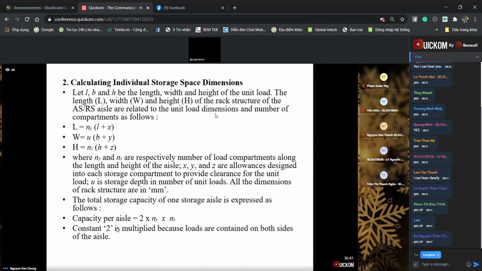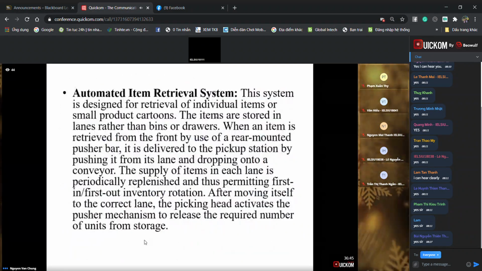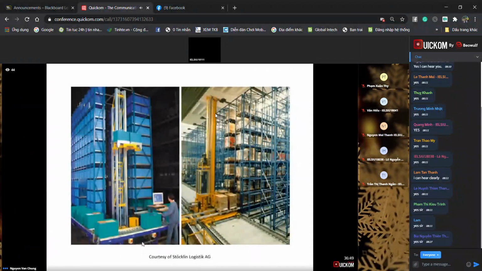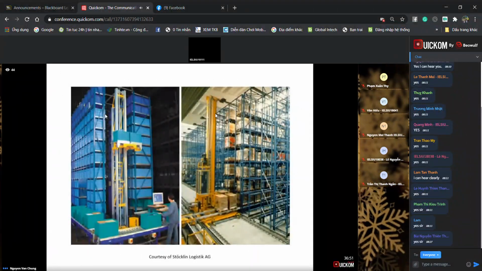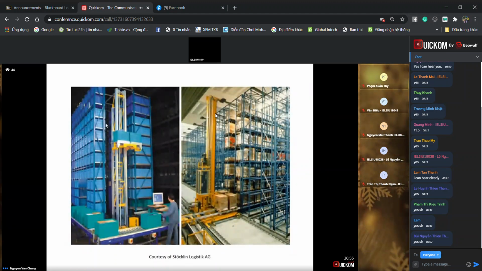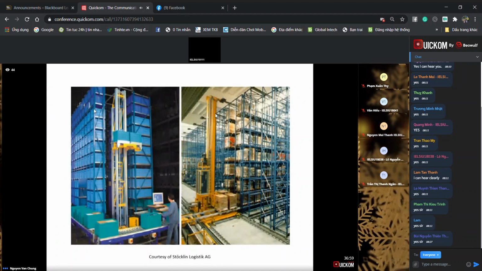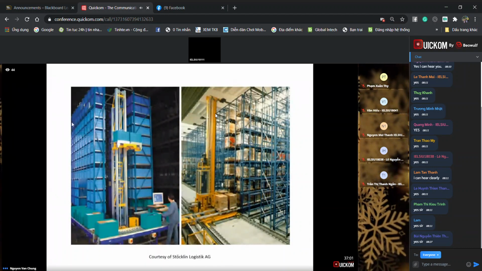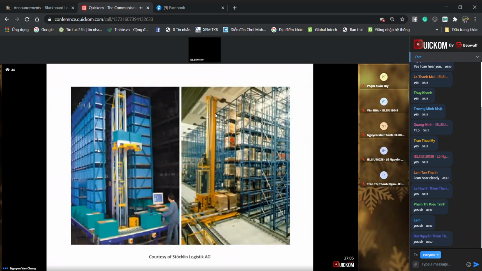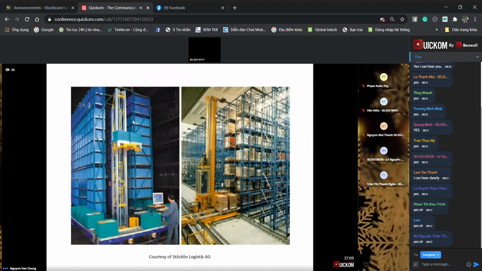You see here, this is the rack surface, because this is for the wall. So like that, you have only this here, and that's the capacity.